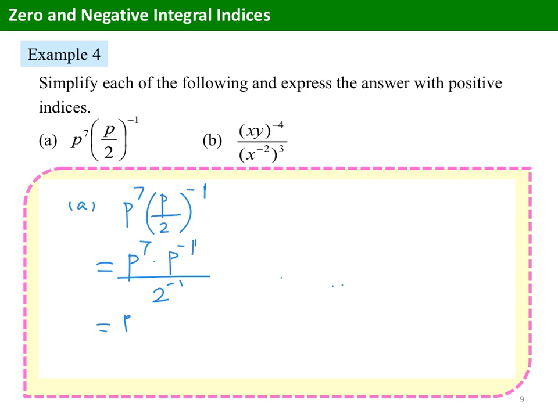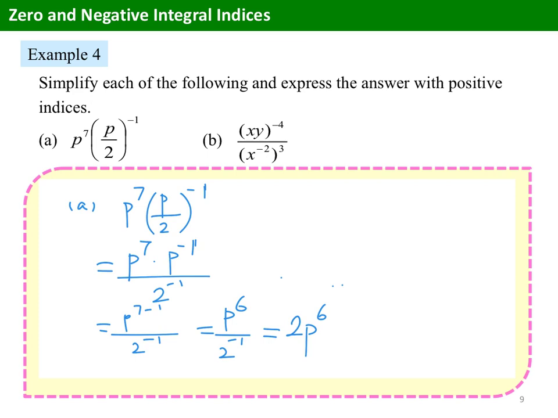For the numerator, 7 plus negative 1, or 7 minus 1, equal to p to power 6, over 2 to power negative 1. For the negative index, we change to positive index, we reverse it, move 2 to the numerator, become 2 to power 2 times p to power 6.